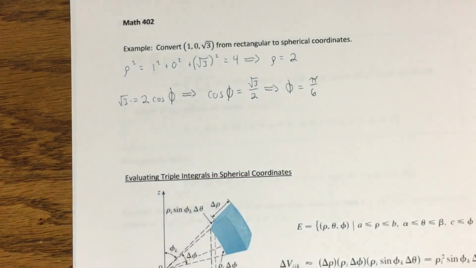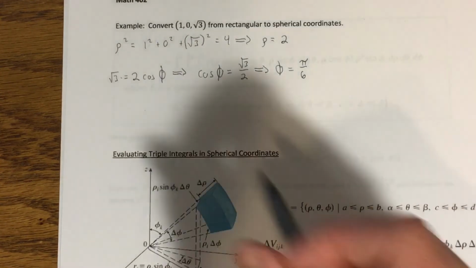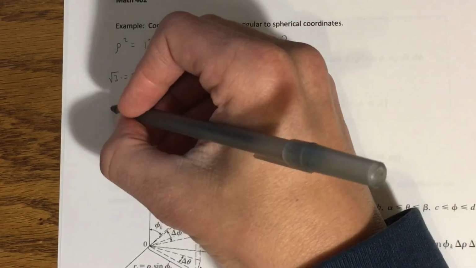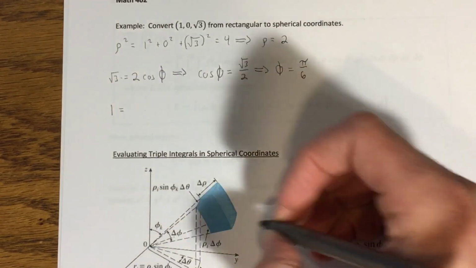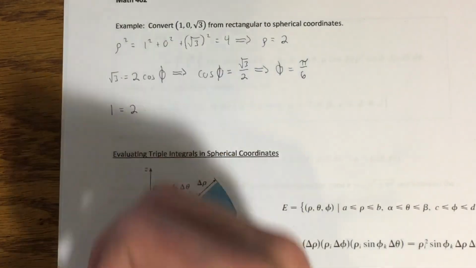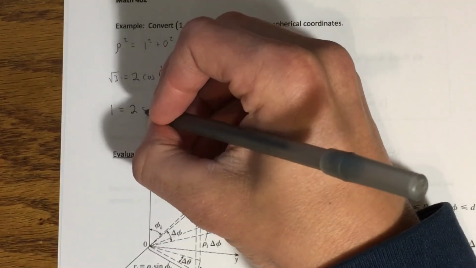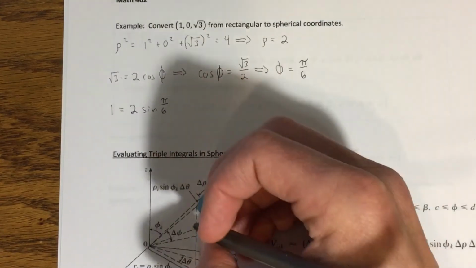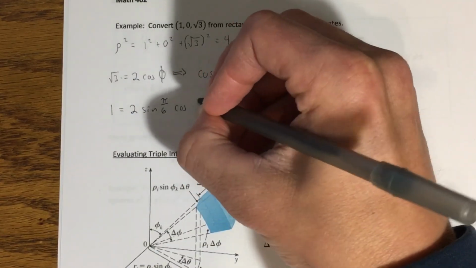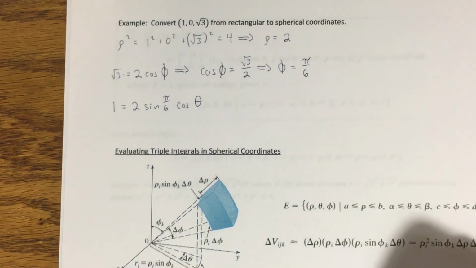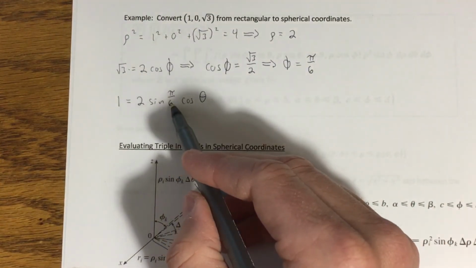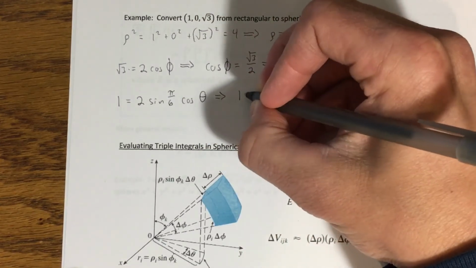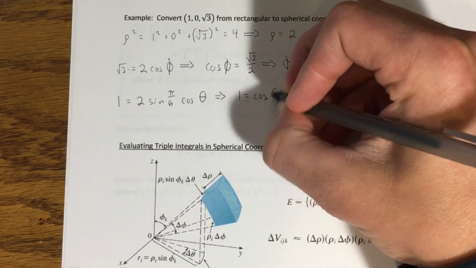So x, which is 1, is equal to rho, which is 2, sine of phi, sine of pi over 6, cosine of theta. Okay, well, sine of pi over 6 is 1/2 times 2, that would be 1, and so this implies that 1 is equal to cosine of theta.